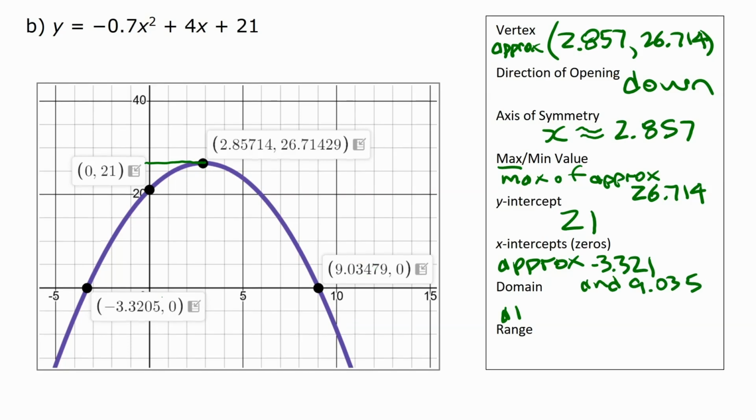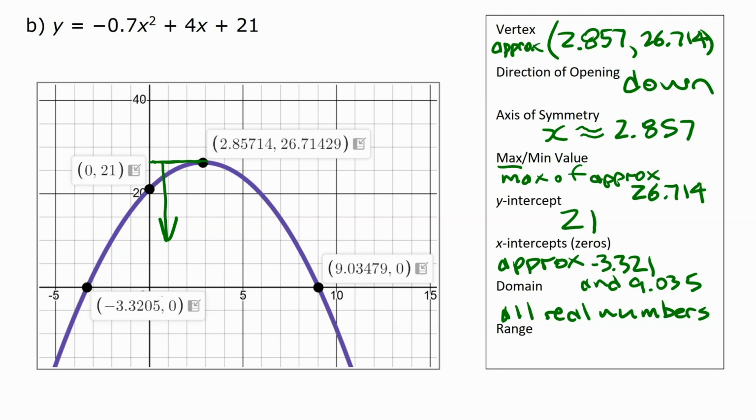And our domain again here is all real numbers. You might tire of writing that so often. And for our range, well, that maximum value and below is what we're looking at. What we really want to say is that it's less than or equal to this approximate value here. So you can say y is less than, and instead of saying equal to here, you can put one squiggly line.